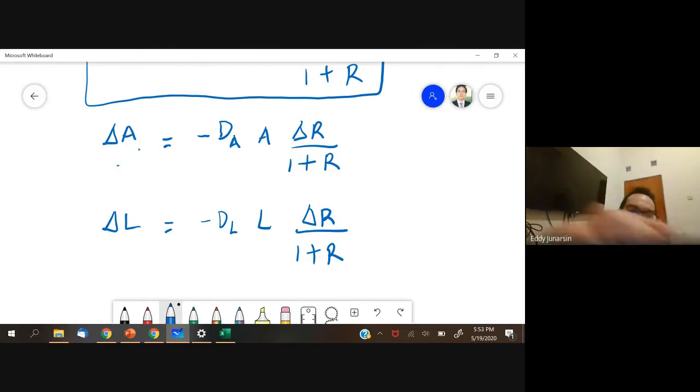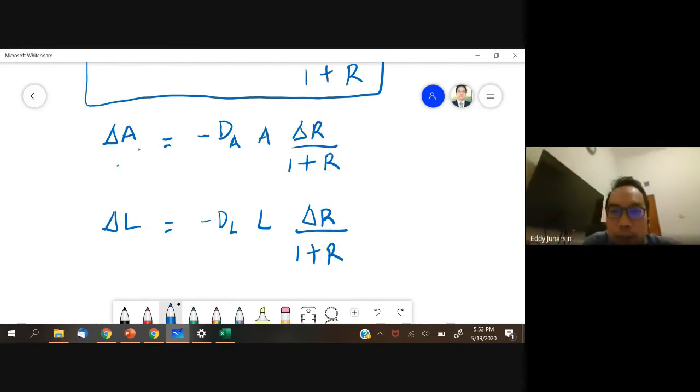Before we go further, you can imagine if interest rate is going higher, even without any calculation, if interest rate increases, then our assets will suffer. The change in assets will be negative because you see here, negative. So the value of assets will go down.